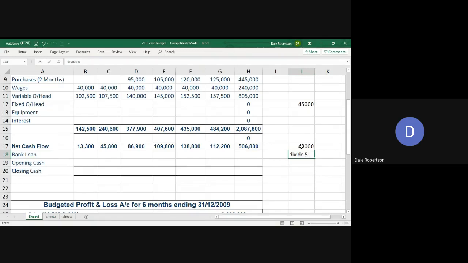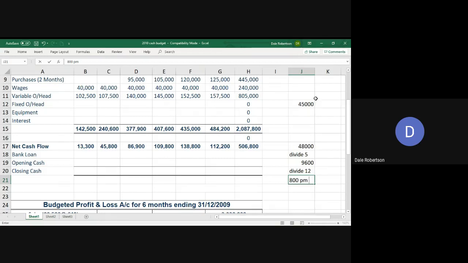So if you divide 48,000 by 5, it's going to depreciate by 9,600 every year. But of course, we would prefer to find out what it is per month. So if we divide that by 12, that's going to be 800 per month. So we can now say that the depreciation on our equipment is 800 euro per month.